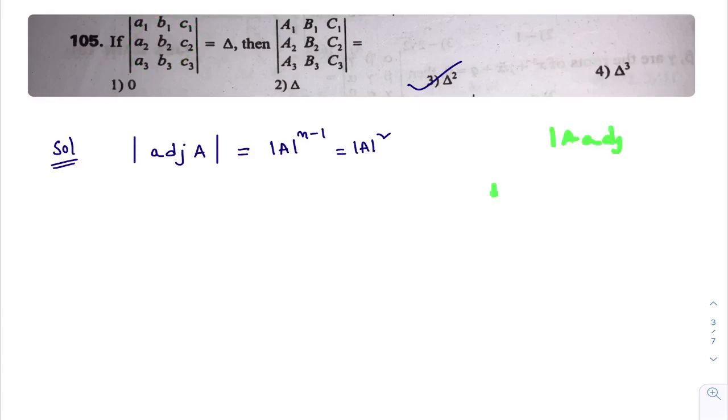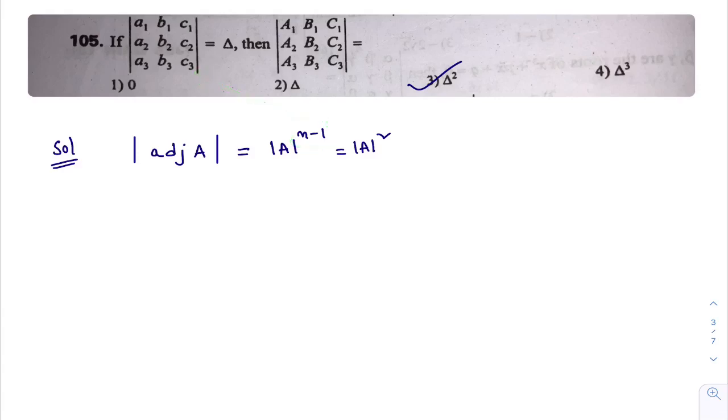Determinant of adjoint A is det A whole power n minus 1. What is n here? N is the order of the matrix. Here the order of the matrix is 3. 3 minus 1 is 2. Right?